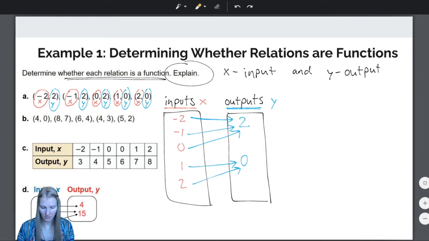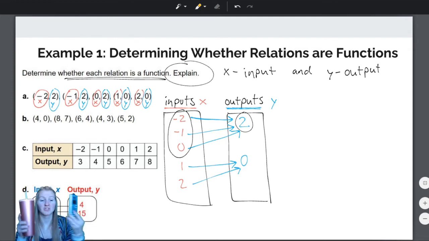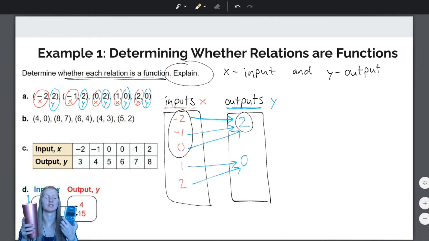Okay, so this might look a little confusing to you because, wait a minute, all of these numbers are pointing to one number. But that's okay, right? This cup can cost the same amount as this calculator. They can have the same price, as long as we're not talking about one item having 2 prices. 2 items can have the same price.